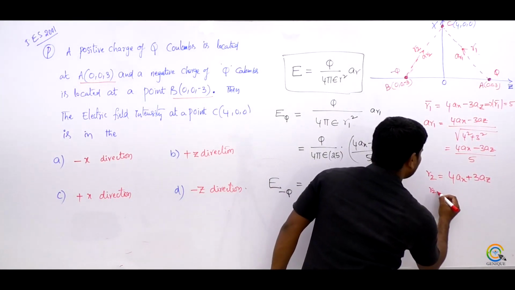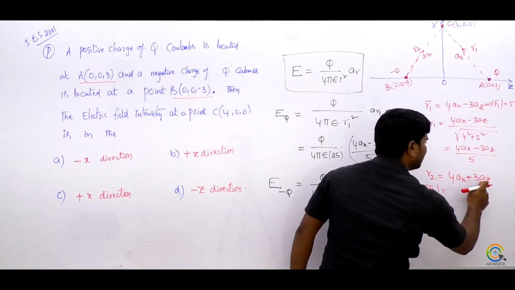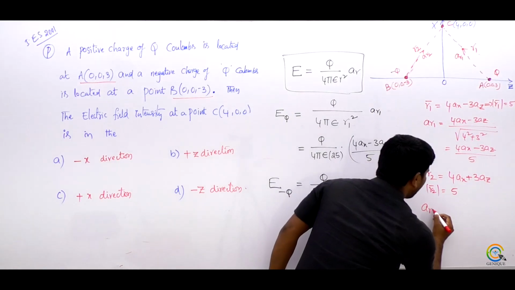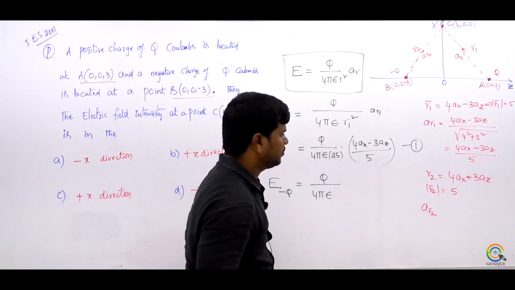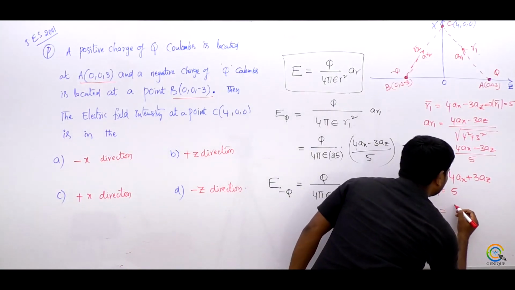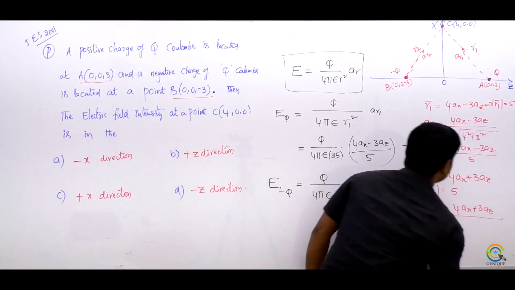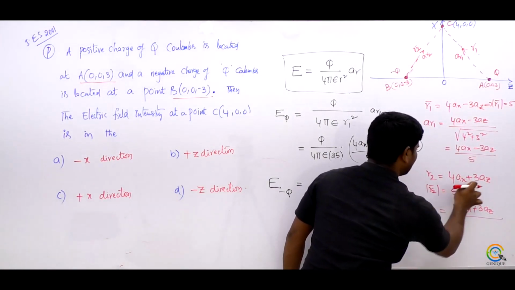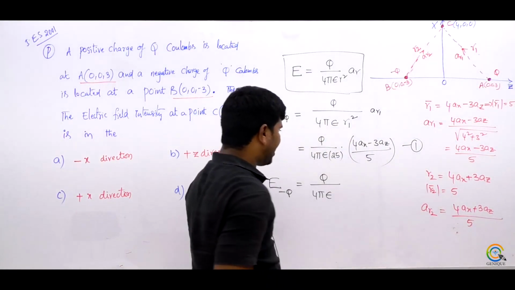Okay. What is the R2 magnitude? It will be the root of this square plus this square, which is 5. Then what is AR2? AR2 is the unit vector along this line, equal to (4AX plus 3AZ) divided by root of this one, which is 5.